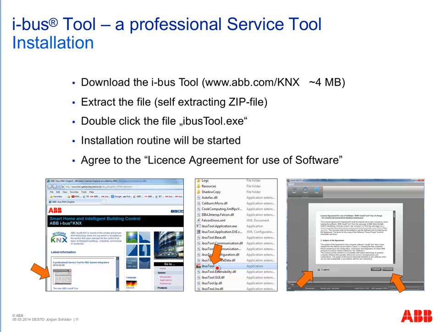To install it on your laptop or PC, double click the file iBUSTool.exe. Then an installation routine will be started. You have to accept the license agreement for the software. Tick yes, I agree, and continue, and then the iBUSTool is installed on this laptop.